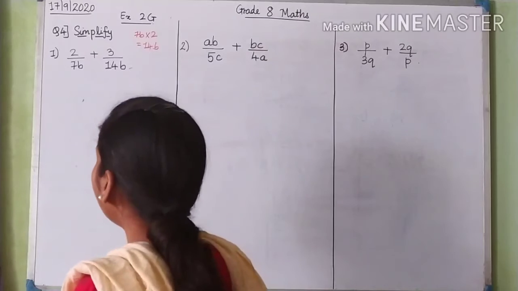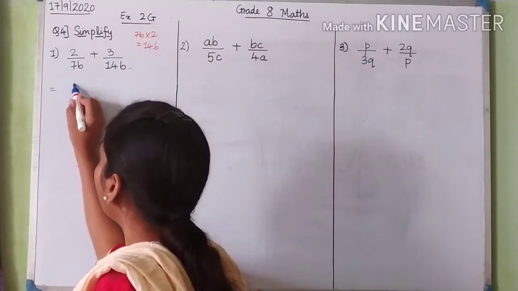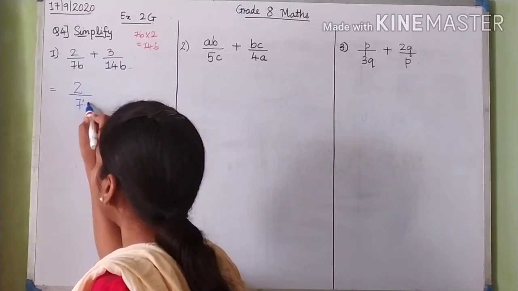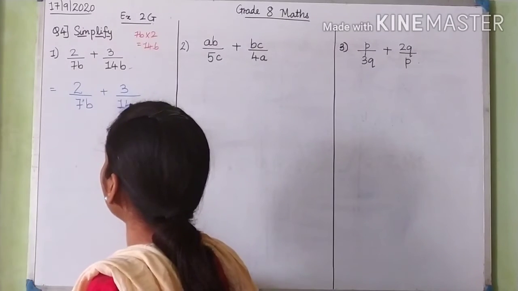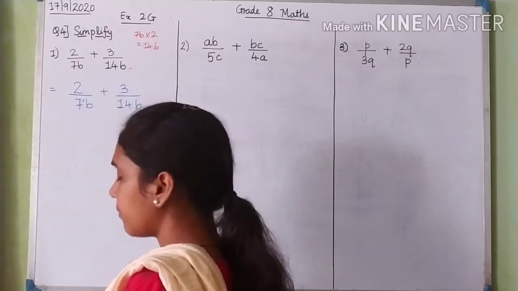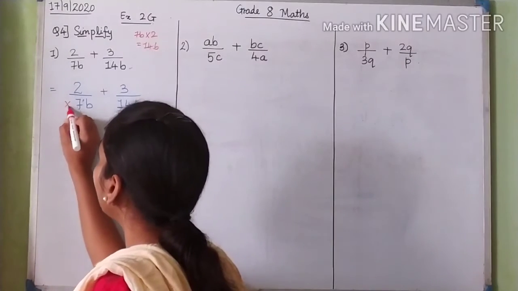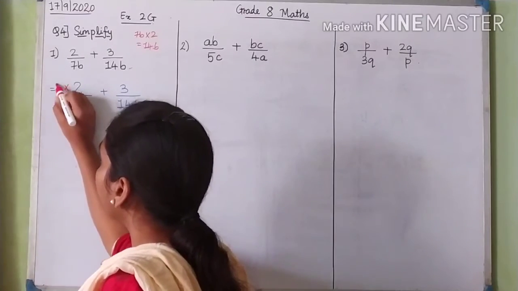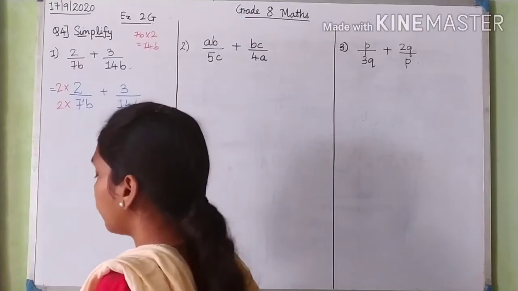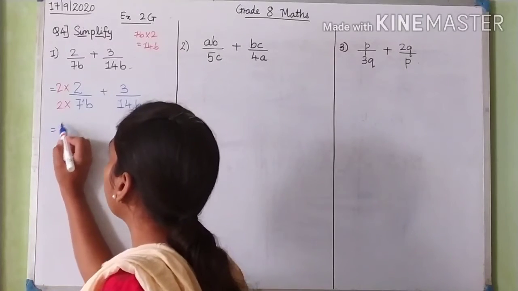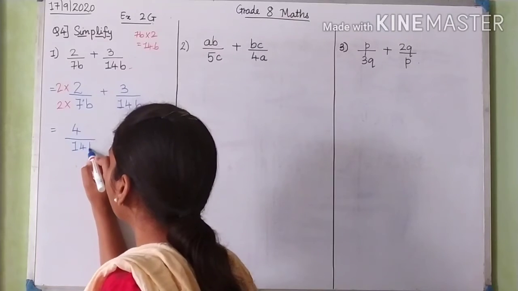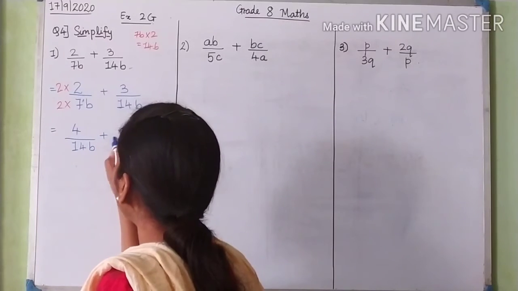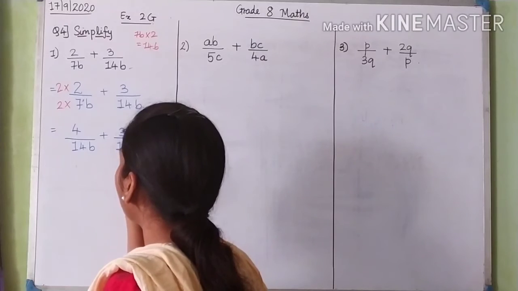So first I write them: 2 divided by 7b plus 3 divided by 14b. I am going to multiply this 7b by 2, so the numerator also I multiply by 2. So what do I get now on multiplying? 2 into 2 is 4 divided by 14b plus 3 divided by 14b.